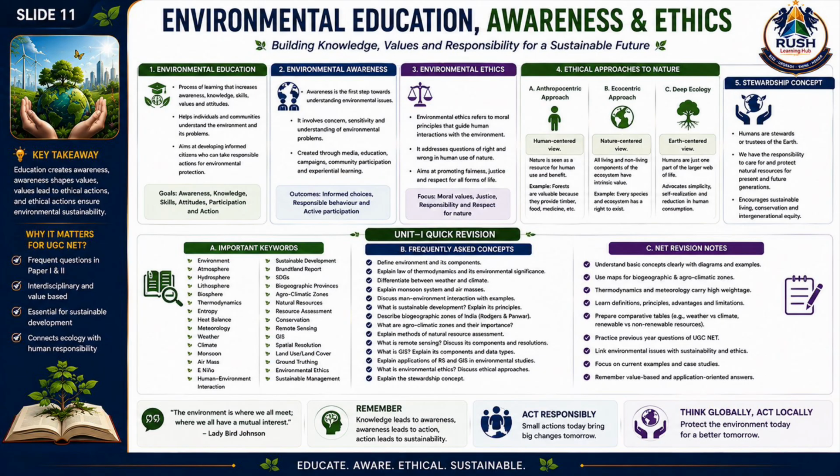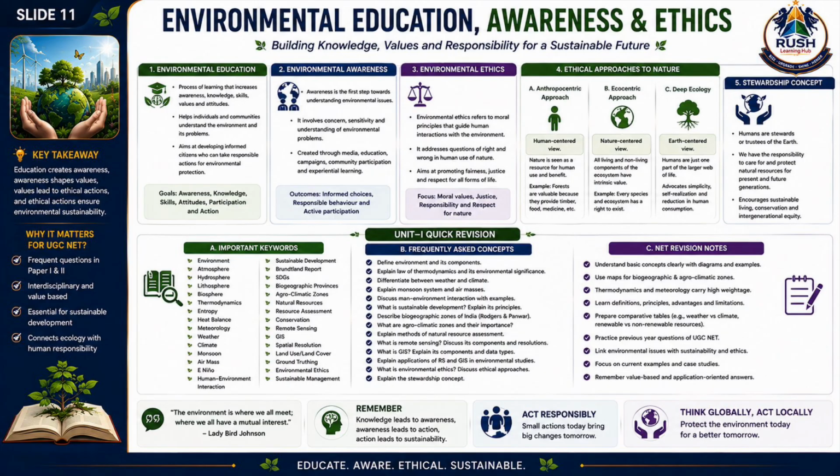Environmental ethics is closely linked with sustainable development because both emphasize responsible resource use, conservation, intergenerational equity, and environmental responsibility. For UGC NET examinations, students should clearly understand the differences among anthropocentric, biocentric, and ecocentric approaches, as questions are frequently asked from these concepts.